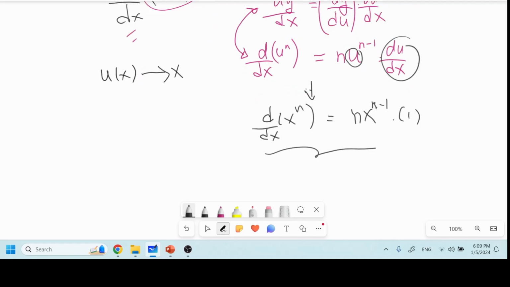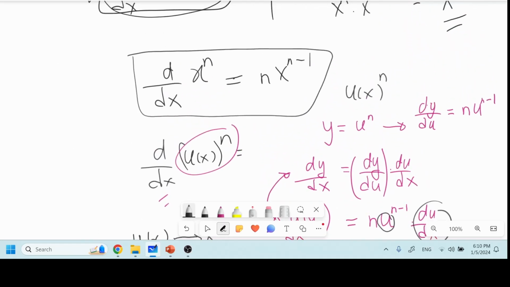This is just the original version of the d/dx of the generalized power function.